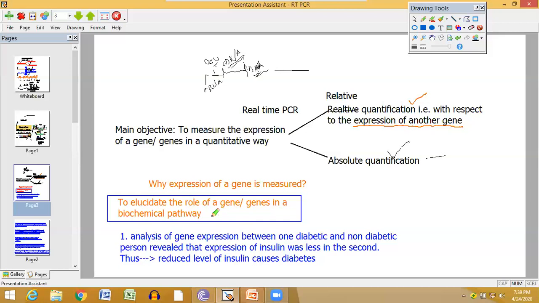If the gene is upregulated, that means the gene expression is more under the particular condition, the gene is helping the pathway. And if the gene is downregulated or deactivated, or the expression is low, that means due to the absence of the gene, the biochemical pathway is getting switched.